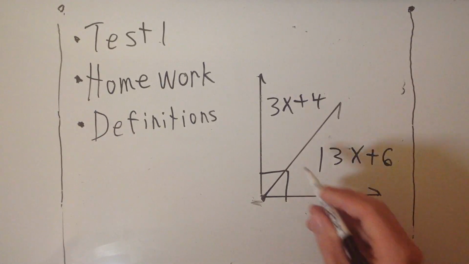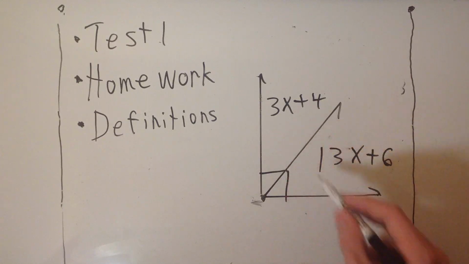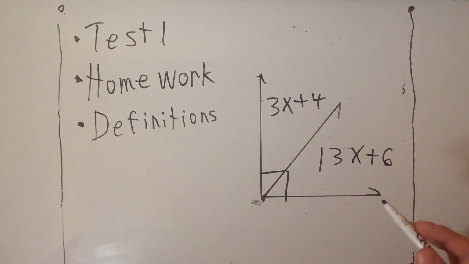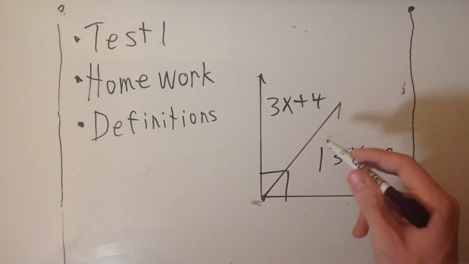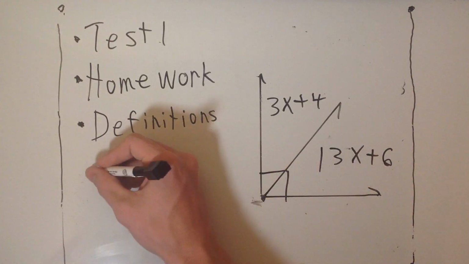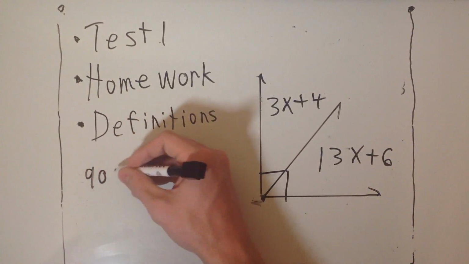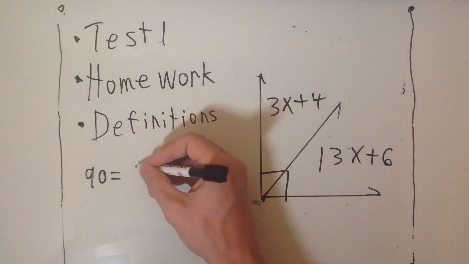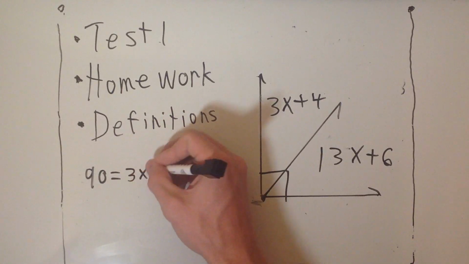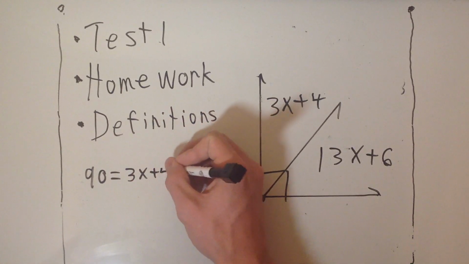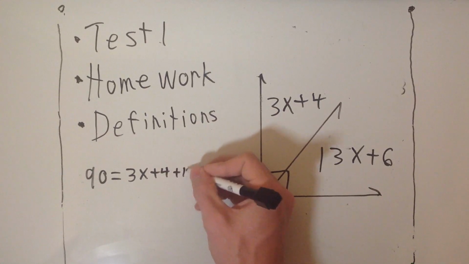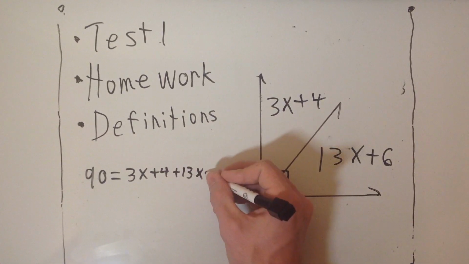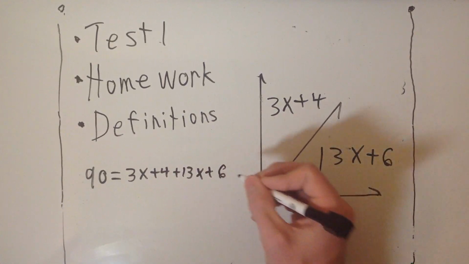We can't use the congruent idea because we don't know if these are congruent or not, but we can use the idea of the complement, which means that these two angles add up to 90 degrees. So 90 equals 3x plus 4 plus 13x plus 6.